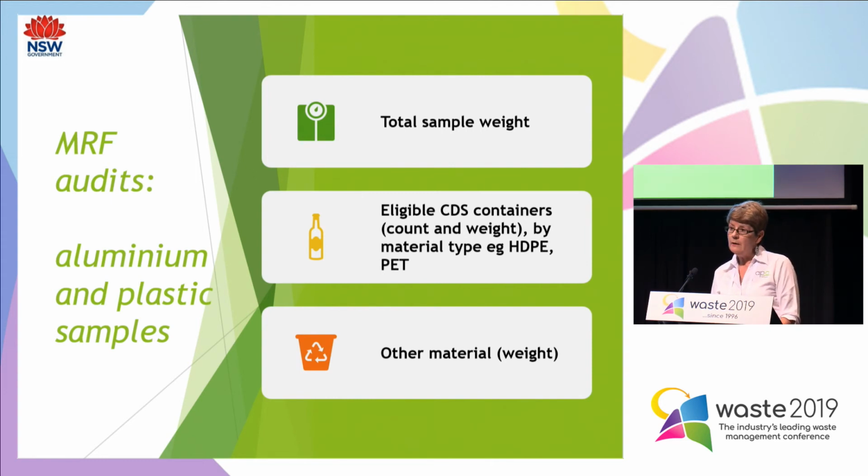We're not sorting liquid paperboard, we're not sorting steel at the MRF, mainly because the only thing that's packaged in steel is coconut milk or coconut water, and liquid paperboard's in the paper line, and we are not sorting the paper line. So we've got the total weight of the containers, we've then got count and weight of each of those items, and then the weight of the other material.